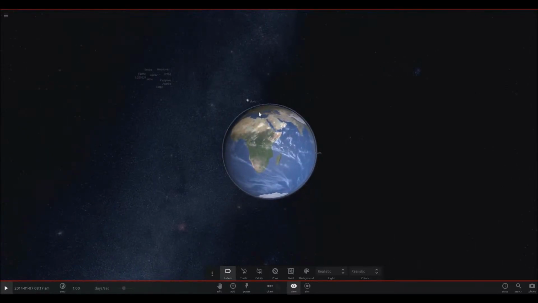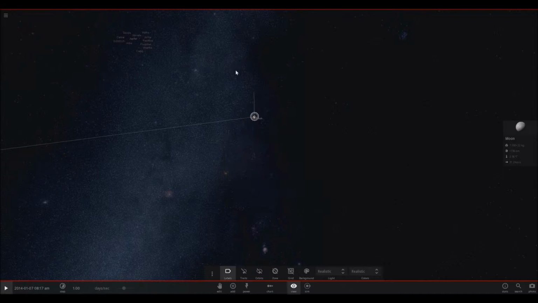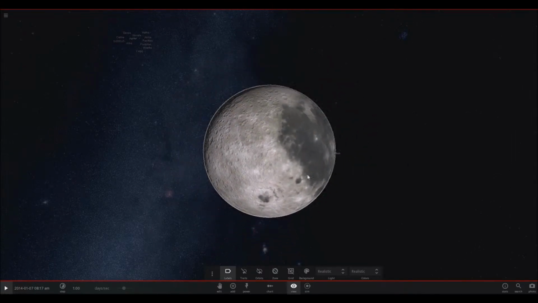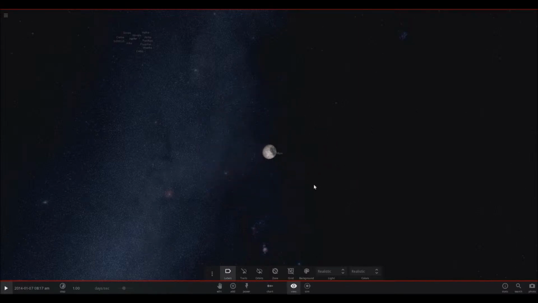So we can see we've got one moon, and we can zoom in and have a better look. This is a natural satellite, and we know quite a lot about the moon, I suppose. If we zoom back out and centralize ourselves again.